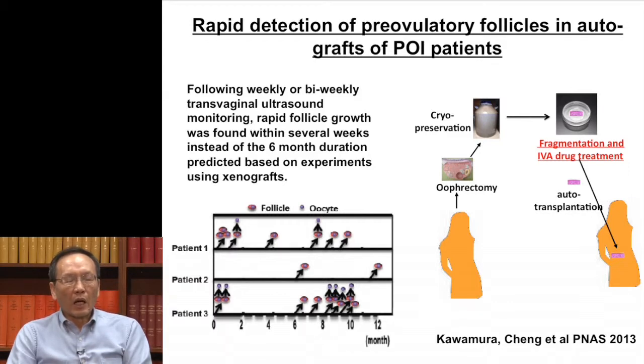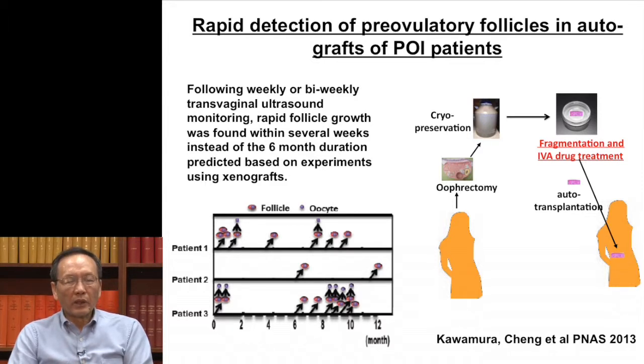And then when the patient's ready, he took out some of the pieces, only about 1/4 of the ovary is needed, and then he cut them into small pieces, fragmenting them.